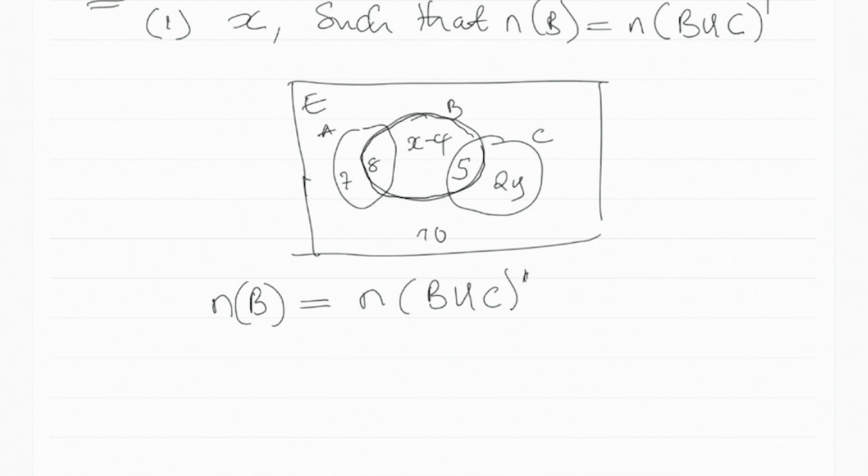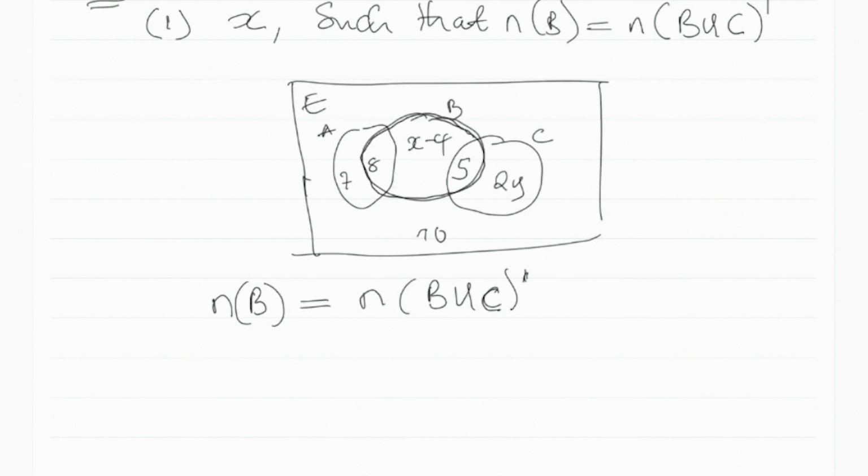Our set B is this whole set B. So we are going to equate the number of elements in set B to the number of elements in (B union C) complement. For (B union C) complement, we are simply interested in the number of elements that are not found in set B and C, but they may be found in set A or the universal set.